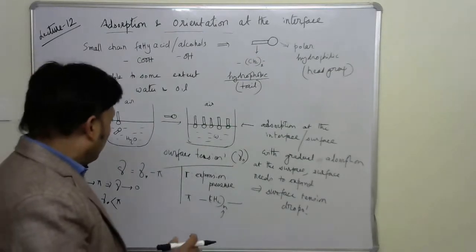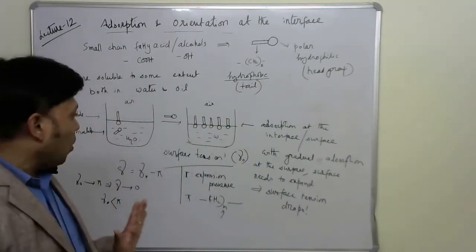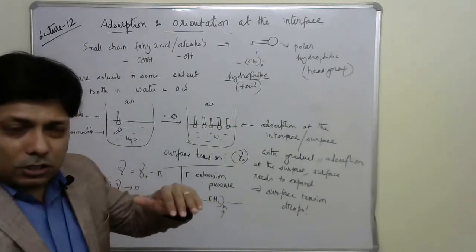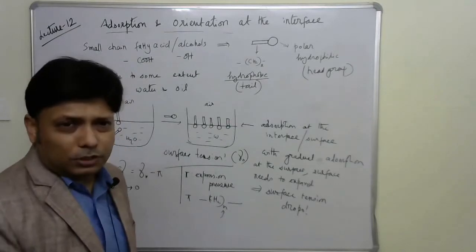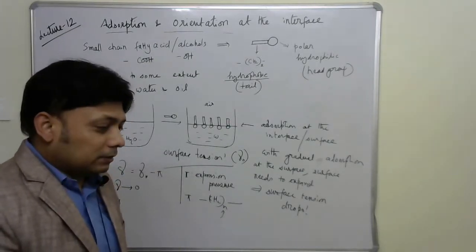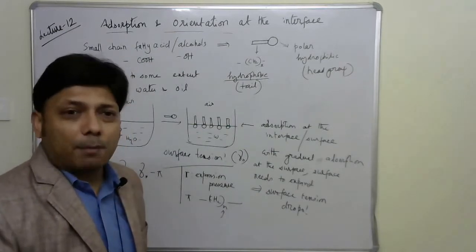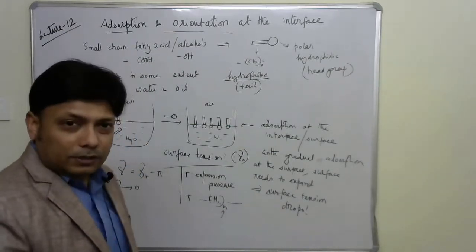Now before we proceed further, there is one more question. Is it always true that the surface tension always drops due to the addition of these molecules? On the contrary, the opposite also happens, and that is the surface tension may increase.